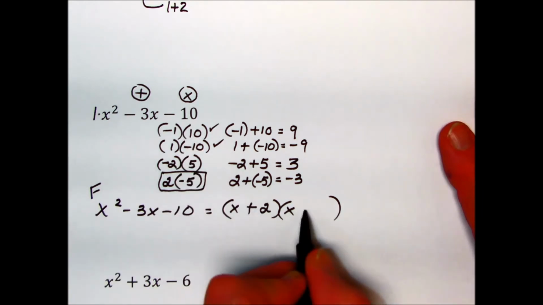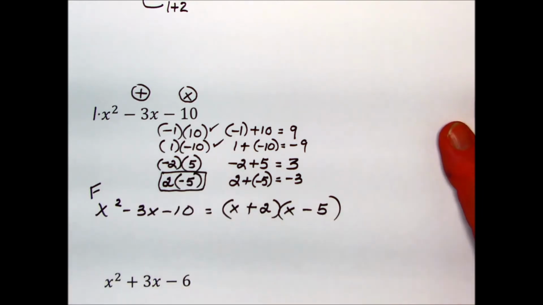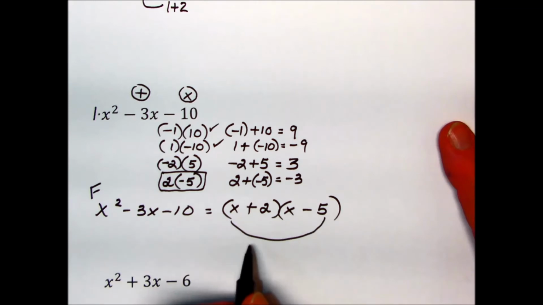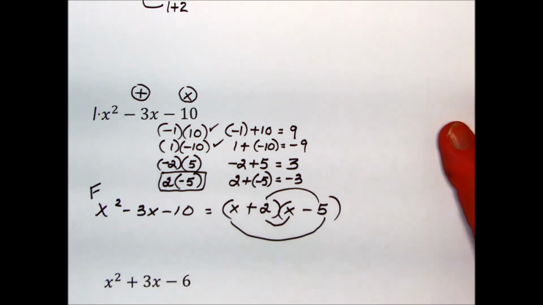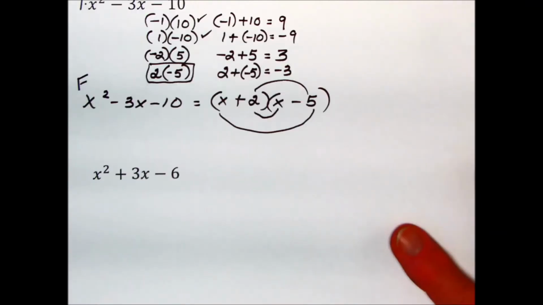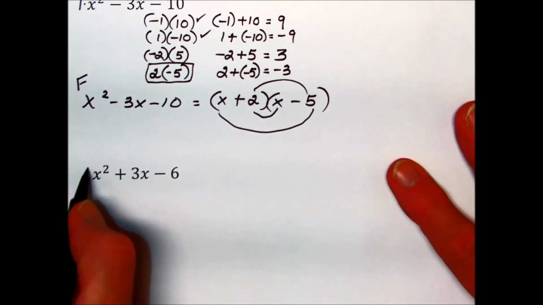We need a positive 2 and a negative 5. And if you finish off the FOIL method as a check, we know our first terms work. Our outside would be a negative 5. The inside would be a 2x. That adds up to be a negative 3x. And of course, our last term better be the negative 10. And it is.